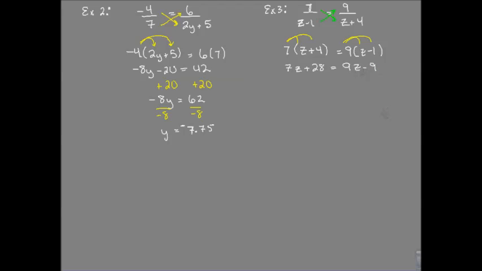Okay. I could subtract 7z from both sides. And I get 28 is equal to 2z minus 9. Add 9 to both sides. And I get 37 is equal to 2z. Divide by 2. And you get that z is equal to 18.5.